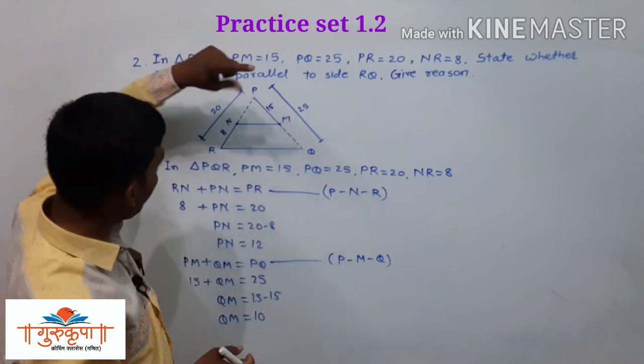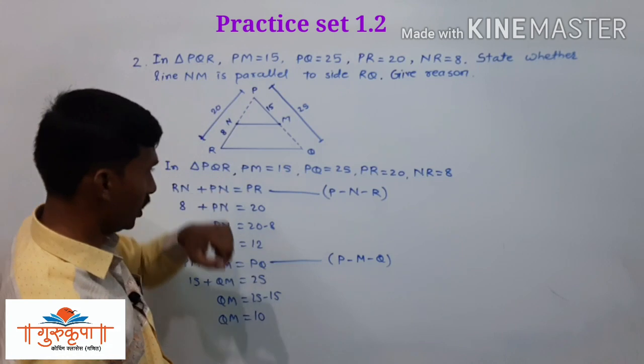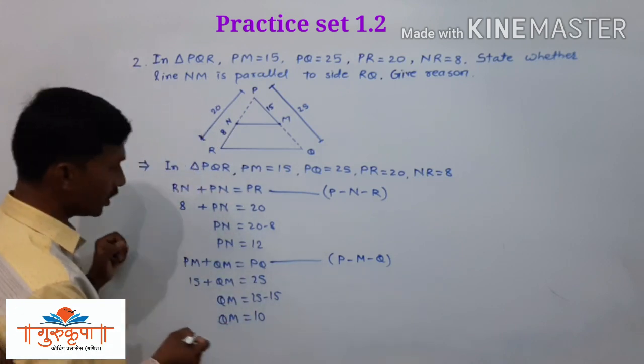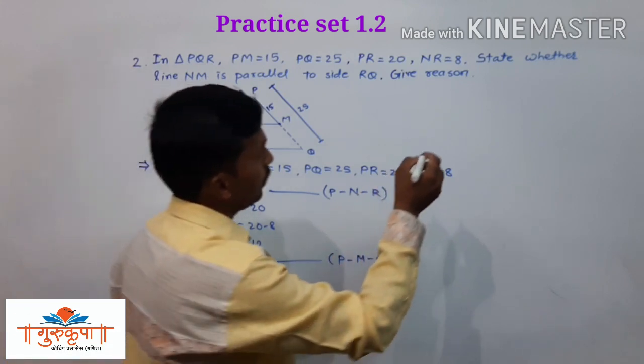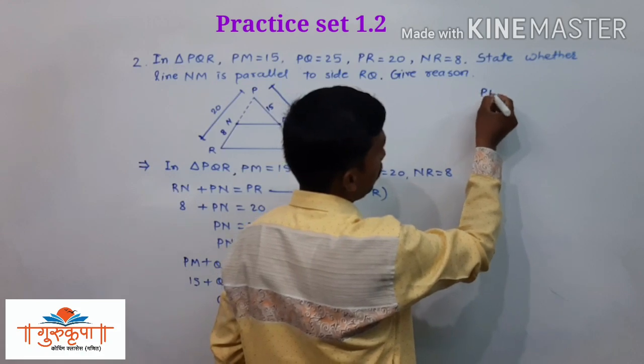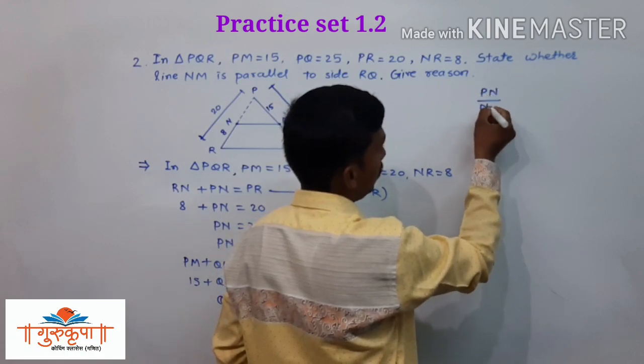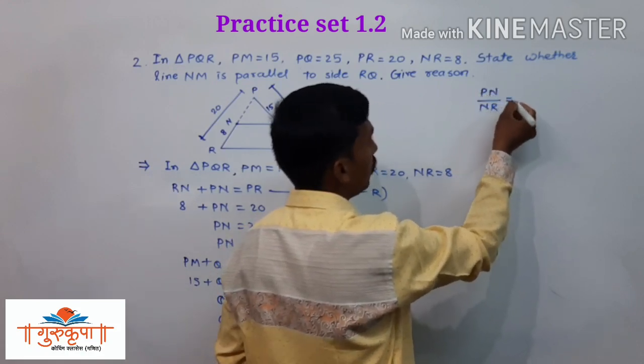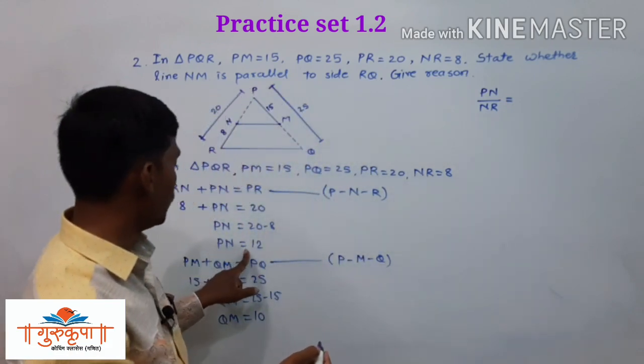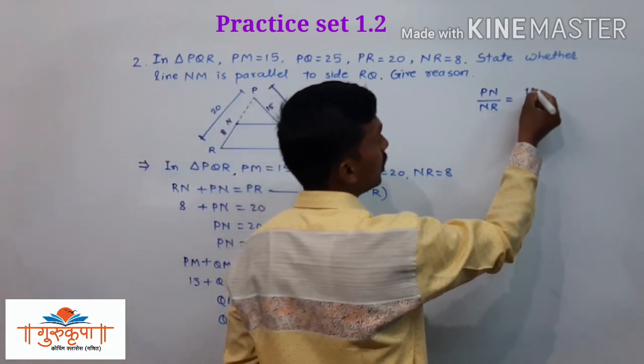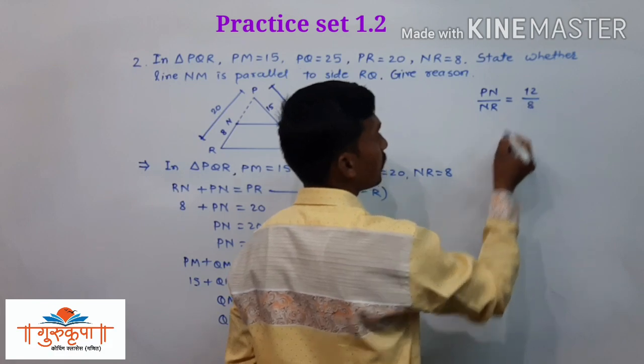Now here we have to find this ratio first, PN upon NR. PN upon NR is equal to the value of PN that we found, it is 12, upon NR is given, that is 8.